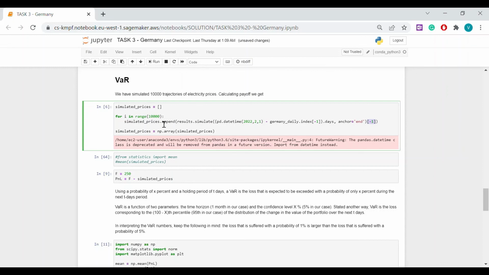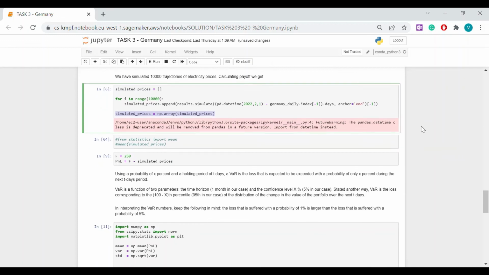We put these values in a separate list and convert this list to an array for convenience. So now we have a set of the possible prices at the day of the 1st February of 2022, which we obtained by the Monte Carlo simulation.